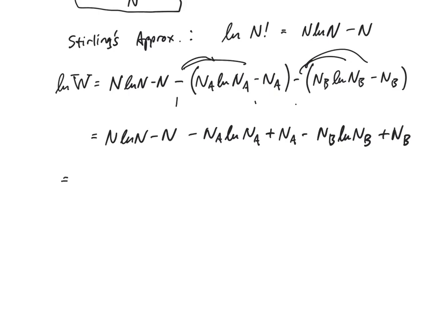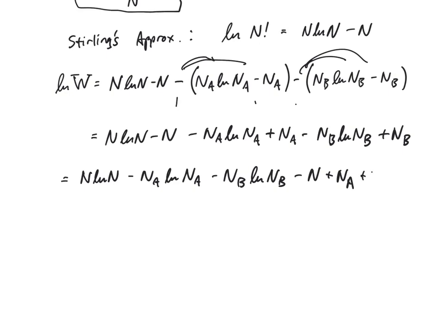Okay, now this whole thing equals N log N minus NA log NA minus NB log NB, and then I bring those single terms over here at the end, plus NA plus NB, but this right here just equals positive N, so those cancel out, and I'm left with just the logs.